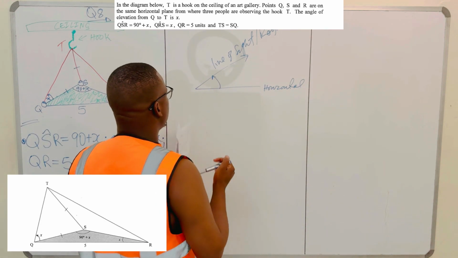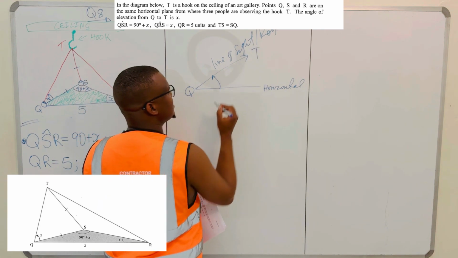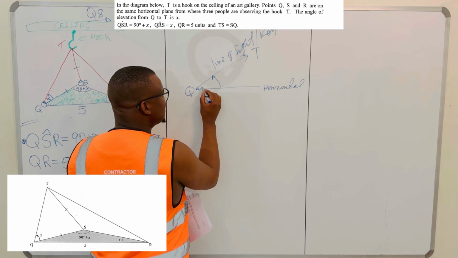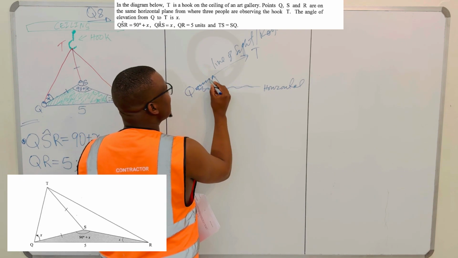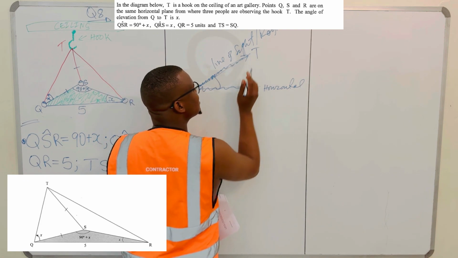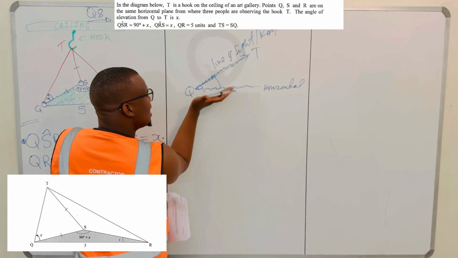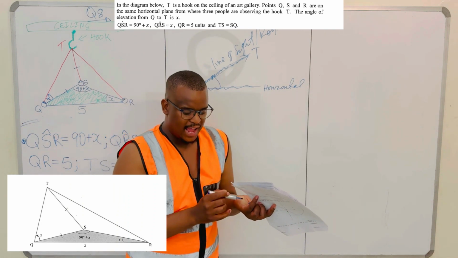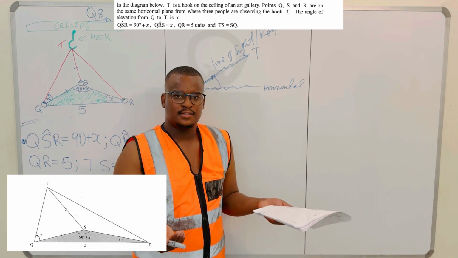So it's a situation like this. Your Q may be sitting here and your T is there. Since this is the horizontal, the angle between the horizontal and the line of sight, the direction in which Q is looking with his eyes, is called the angle of elevation. That's what it is.